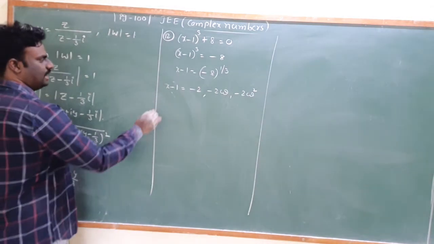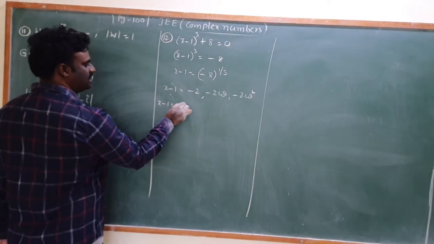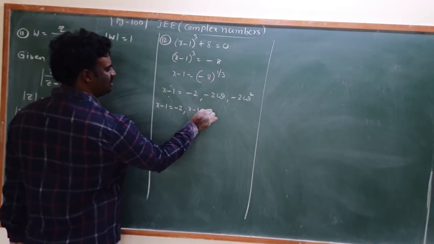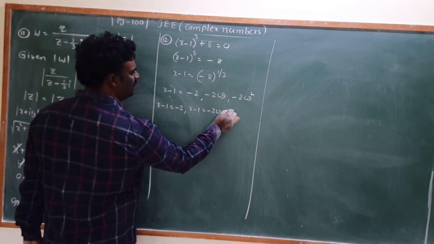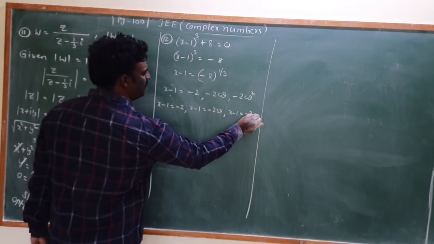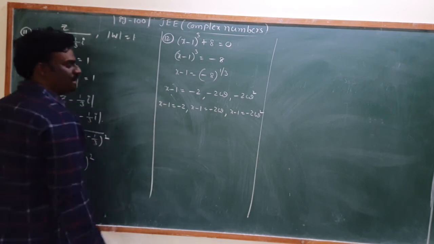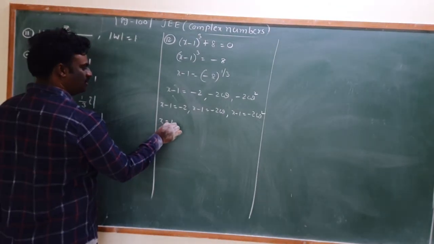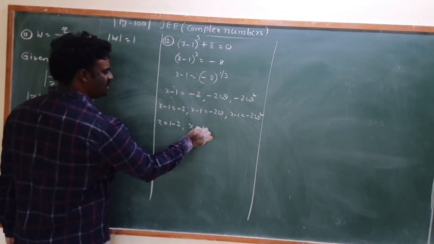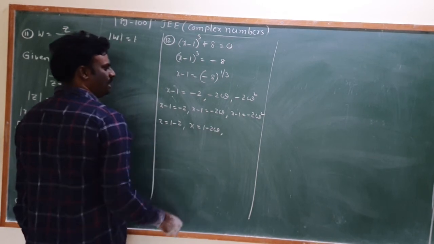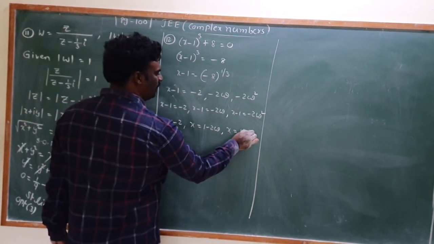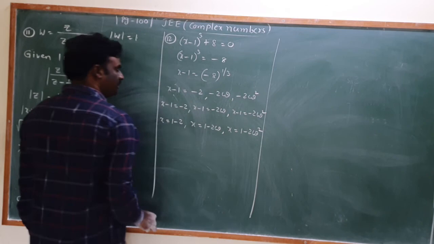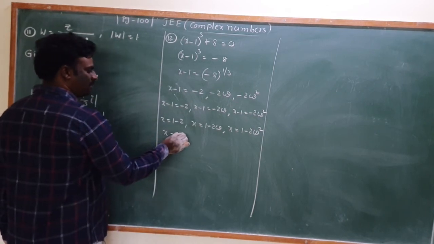First I can take x minus 1 is equal to minus 2, x minus 1 is equal to minus 2 omega, x minus 1 is equal to minus 2 omega square. Sending minus 1 to that side, x is equal to 1 minus 2, x is equal to 1 minus 2 omega, x is equal to 1 minus 2 omega square. Then 1 minus 2 is nothing but minus 1.